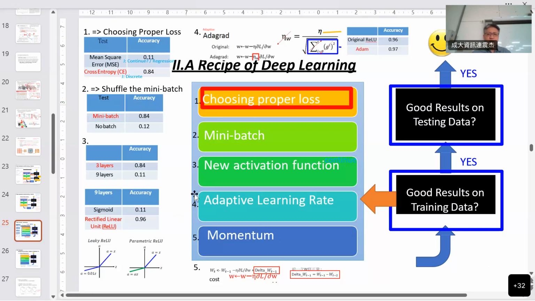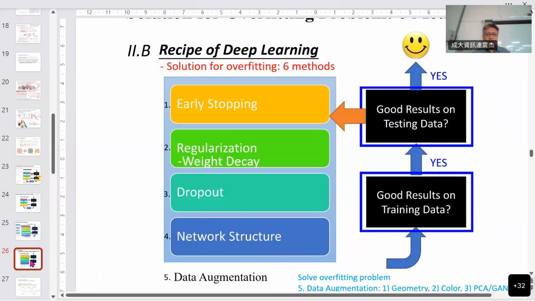So that's for training. After training, you start to do the test. For the test, there are 5 steps you need to consider, actually 6 methods, to solve the usual overfitting problems.